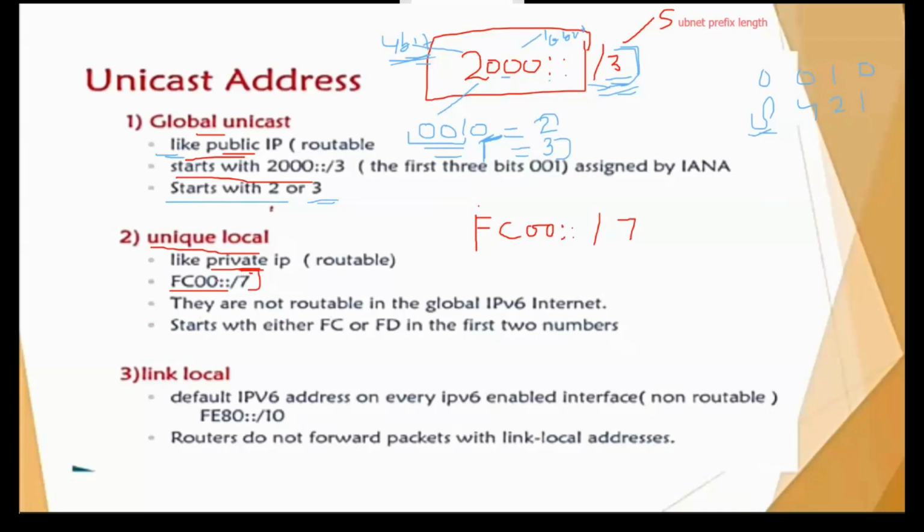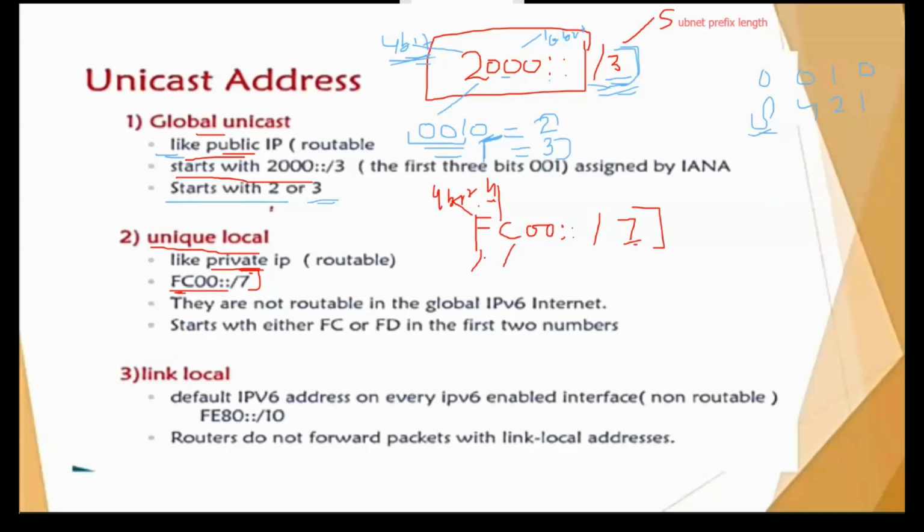So when you convert the value FC00, the starting 7 bits, as we discussed, the size of a single digit is 4 bits, and for the second also 4, so we have to record 7 bits. If I convert the starting 2 digits, that is enough, no need to convert the 0s.